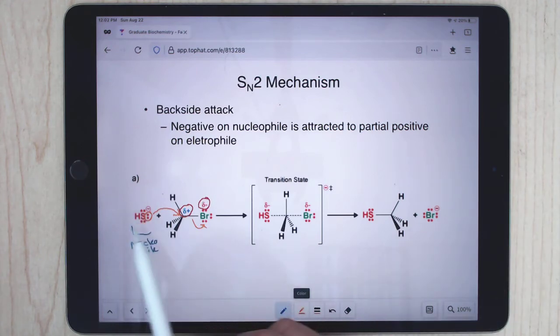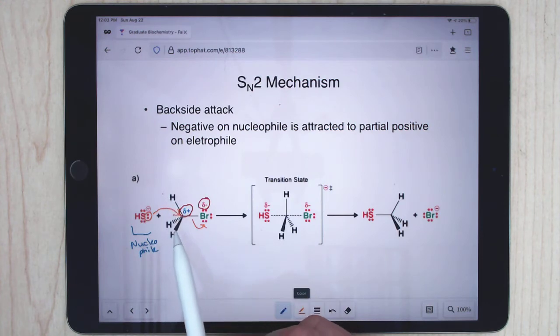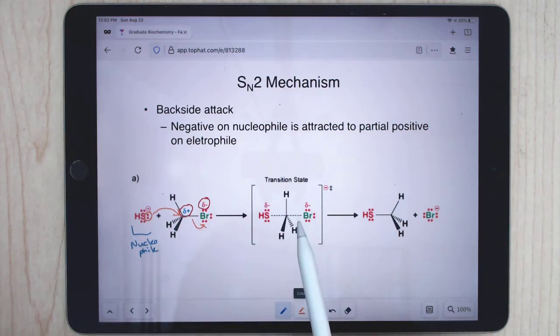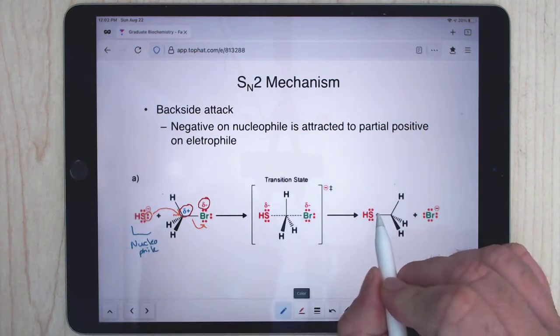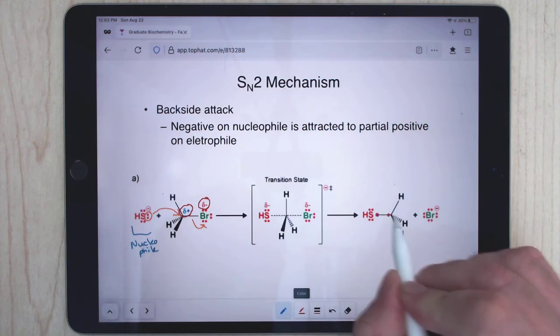And so as this nucleophile comes in, it's got to push the other 3 groups that are on the carbon away so we can get access to that carbon. In doing so, we're going to be breaking the bond between the carbon and the bromine, and so you're going to end up with this. These original lone pairs here turn into the 2 electrons of this bond.